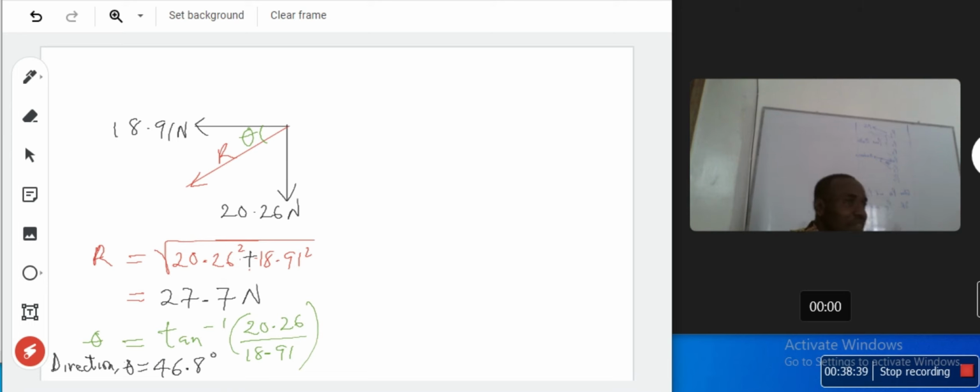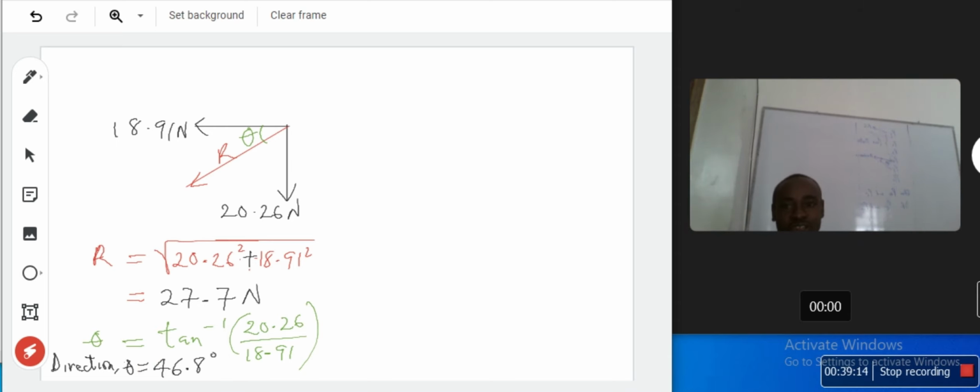The implication is, if I apply this particular force, 27.7 Newton, at this angle in the opposite direction, it will balance all those 4 forces. Because the resultant force is like the balance, the effective force, the net force of a system of forces. So if I apply 27.7 Newton, are you listening to me? At an angle of 46.8 to the horizontal, in the opposite direction, it will balance all those 4 forces.